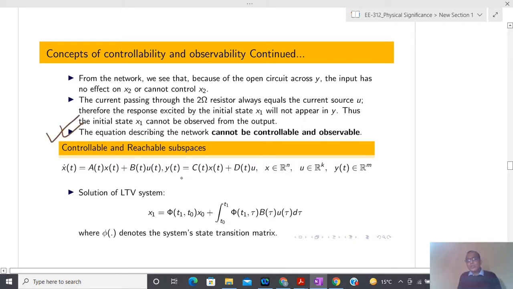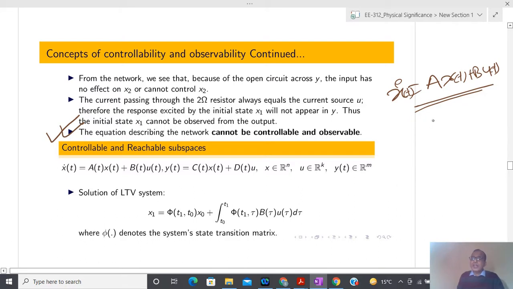Now let us see the general class of linear systems. This is the LTV system. In the class of vector spaces, I have already talked about the system x dot(t) = A x(t) + B(t) u(t), and at that time I discussed what different spaces are associated with it.